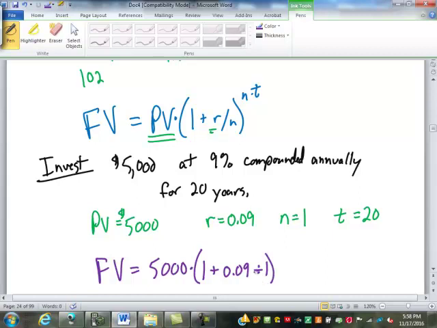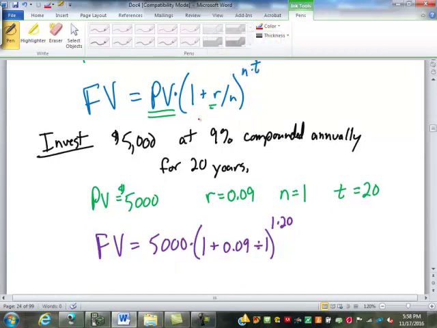Now again, you don't have to put in divided by 1 because dividing by 1 doesn't change the number. I'm just putting it in there because it's good form. Other times it's going to be more than once a year, so it'll be different than 1. To the power of 1 times 20. Now again, 1 times 20 is just 20. So if you're punching this in your calculator, you don't have to put that in.